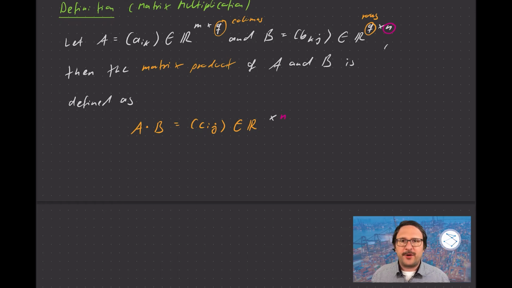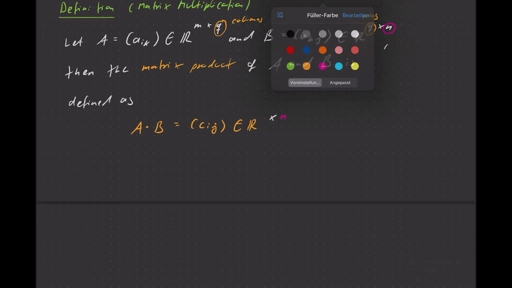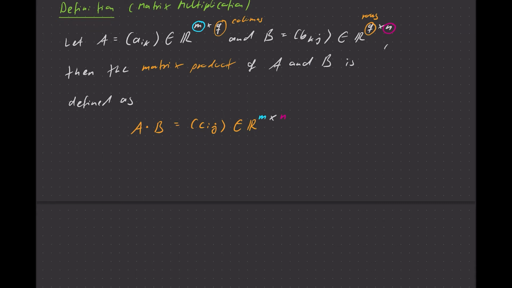What about the number of rows? Well, if I multiply the matrix A by a corresponding vector, then the result is a vector that has the same number of rows as the matrix A. So the resulting matrix should have the same number of rows as matrix A. So this here, this m, that will be the number of rows of our result.